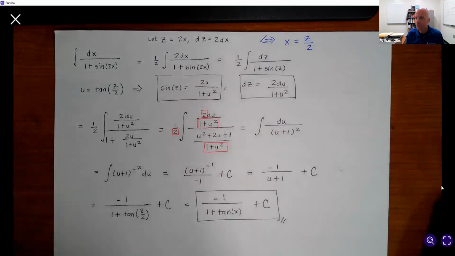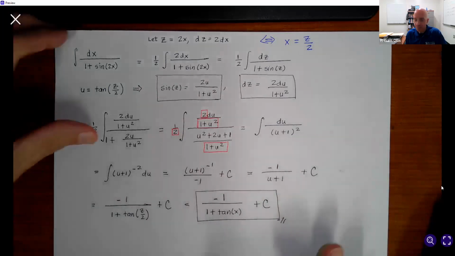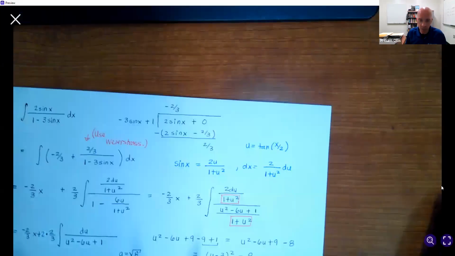Maybe this is not something you will remember, because maybe you won't use it as much, but it is very effective when it works. Now, what I want to do is show you an example where we would need to use this technique, where the conjugate method would not work.